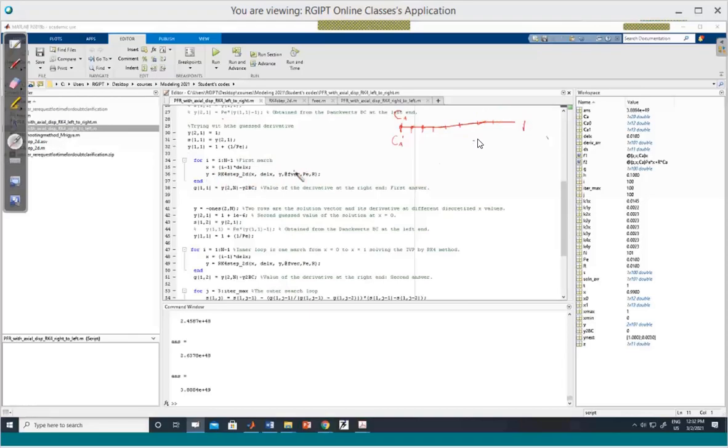After n minus 1 such repetitions of the Rk4 step, the value I get at the end of this loop would be y at the end. So that is my G11.